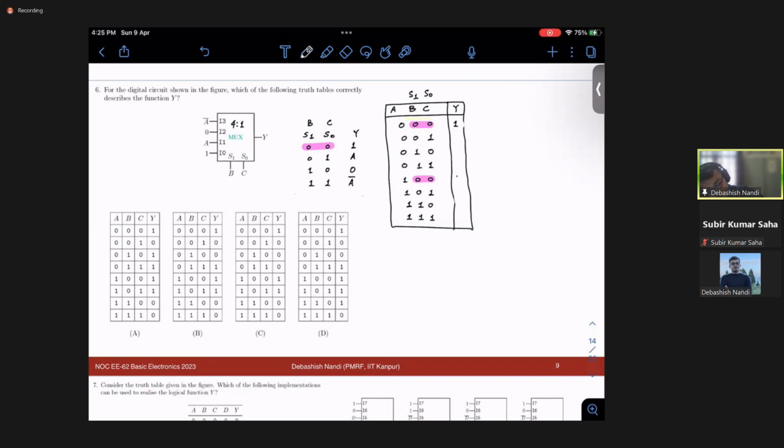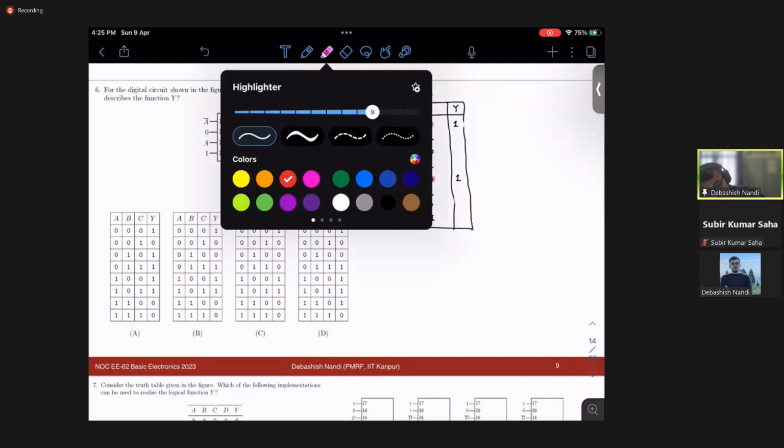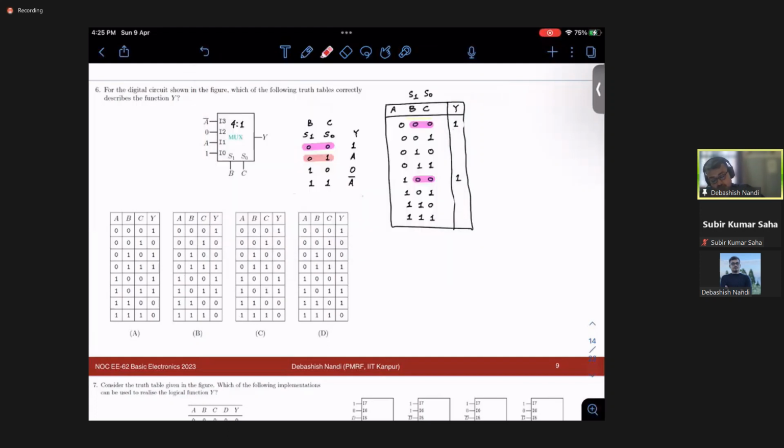We have this combination 01 of BC, 0 1 0 1, right? This will have A, right? This will be 0, this will be 1. Then we have this 1 0 1 0, so we will be having 0, right?